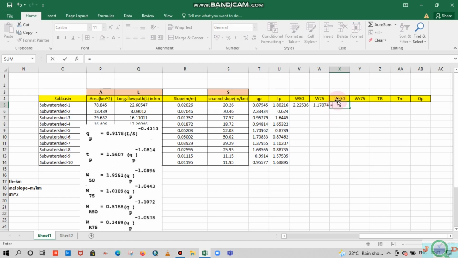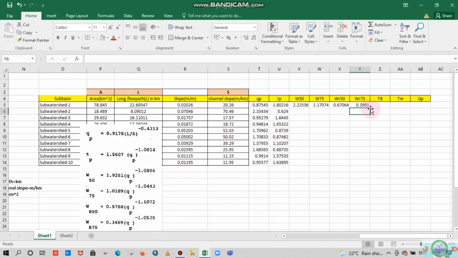For WR50, I have this formula: 9.1788 into qp to the power minus 1.072, and for the WR75 it is 0.3469 into qp to the power minus 1.0538.